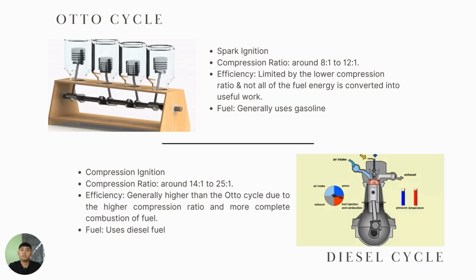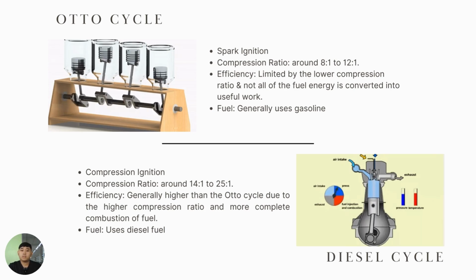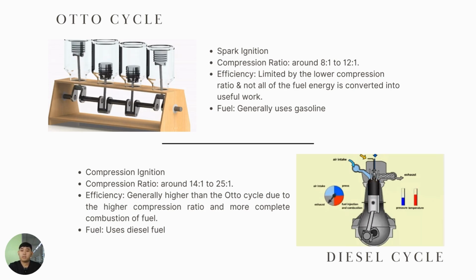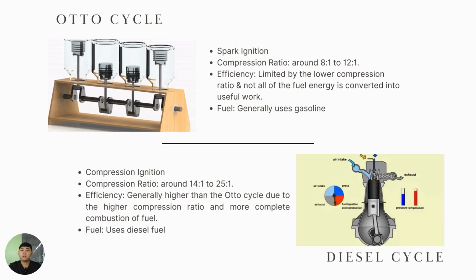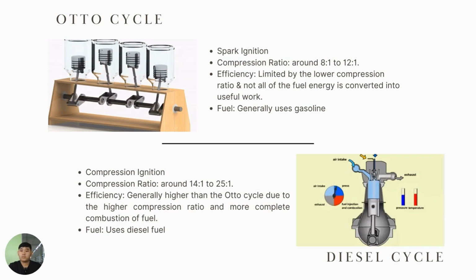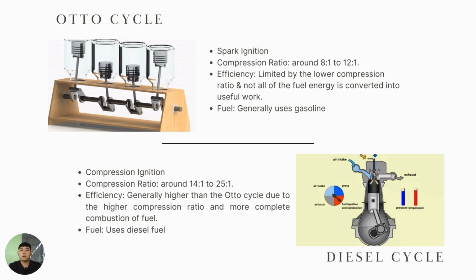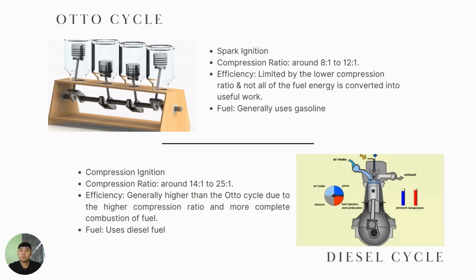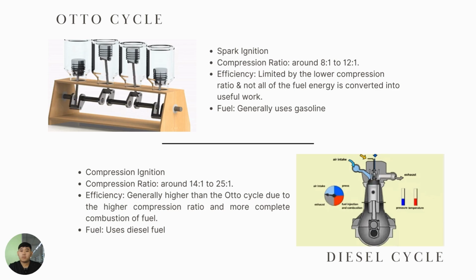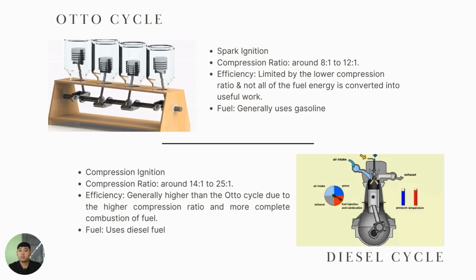The diesel cycle relies on the heat generated by high compression to ignite the fuel, and its compression ratio is typically higher than gasoline engines, usually around 14 to 1 to 25 to 1. Its efficiency is generally higher than the Otto cycle due to the higher compression ratio and more complete combustion of fuel.